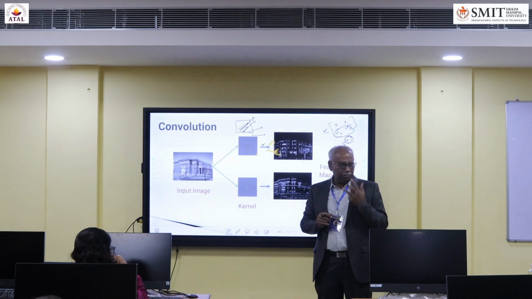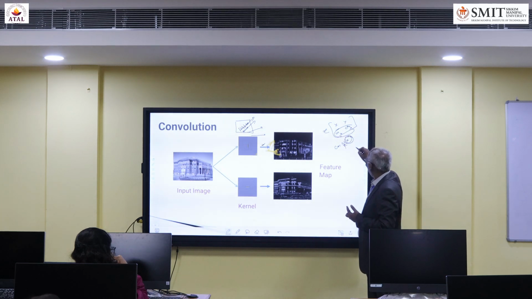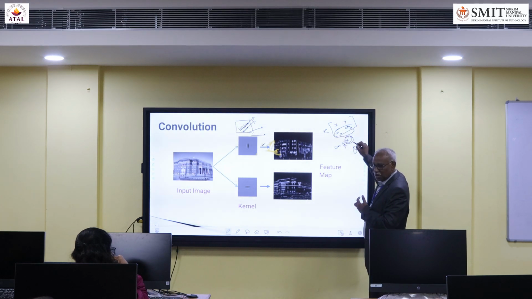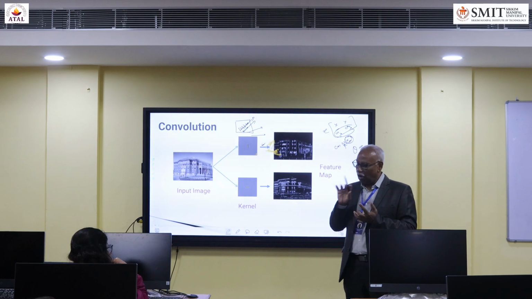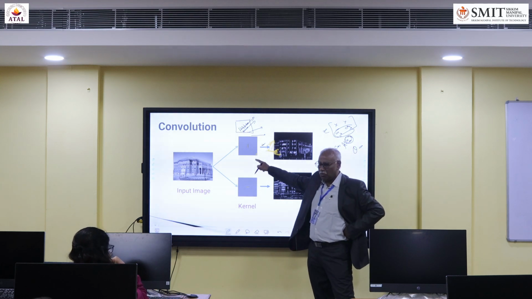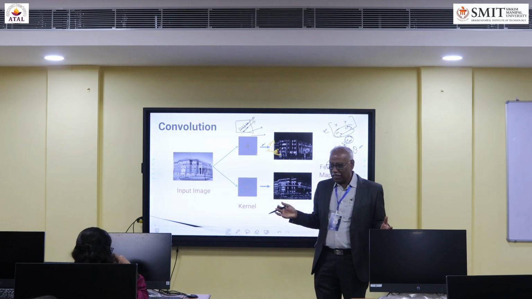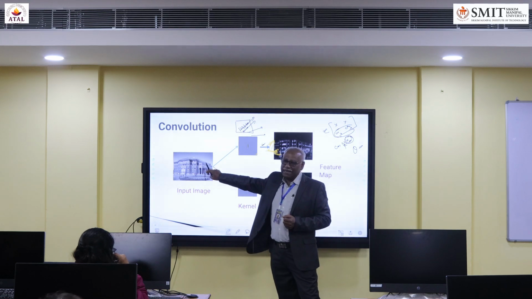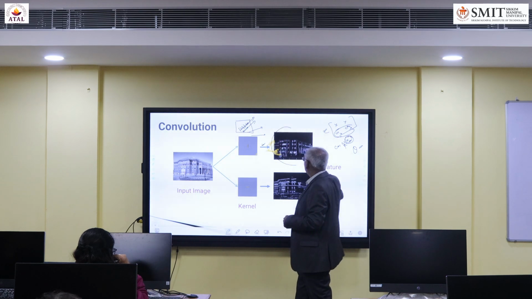Every combination of sigma, omega, and theta, where theta is implicit because the direction of x prime is the direction of theta, gives you one kernel like this. So I can have multiple kernels. When you convolve with an image given like this, each of the kernels will give you some sort of output like this.